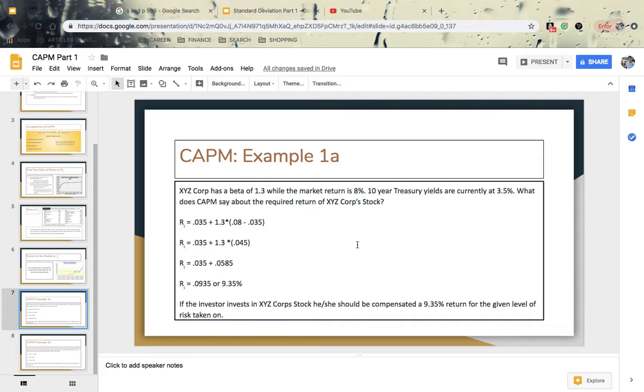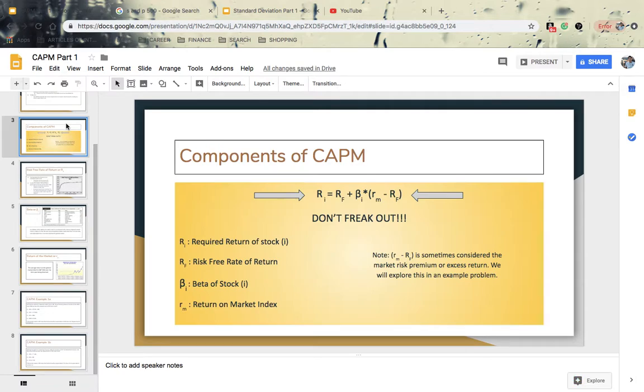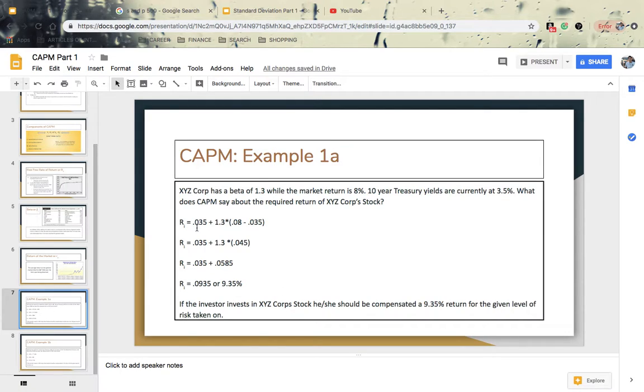What does CAPM say about the required return of XYZ Corp stock? Okay, so this is basically the formula: risk-free rate plus beta times the market return minus the risk-free rate. And that's how this is set up. So if we go back, 0.035 risk-free rate, right here, 3.5%, plus the beta, 1.3.